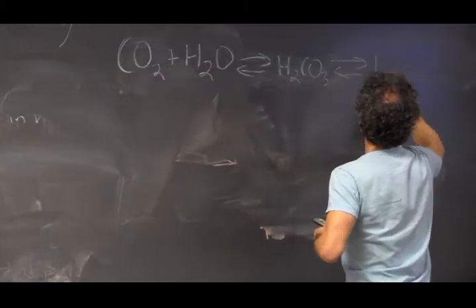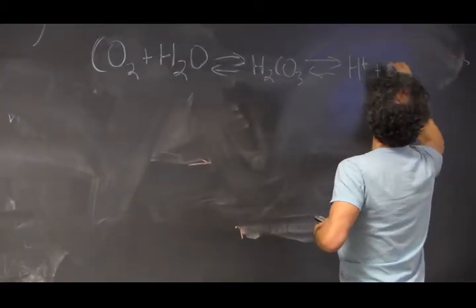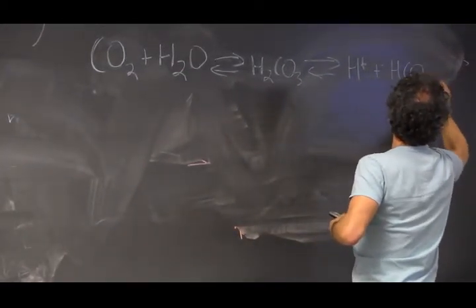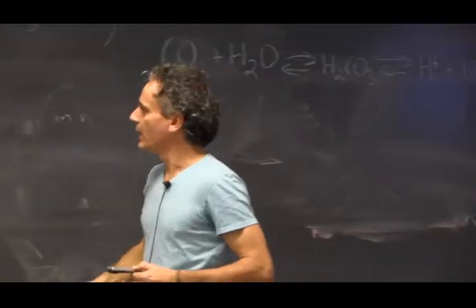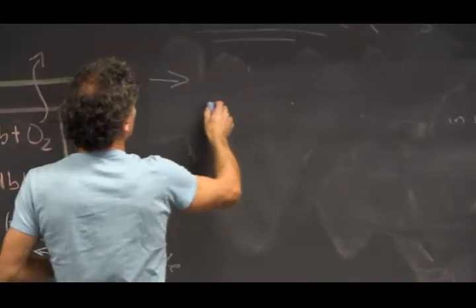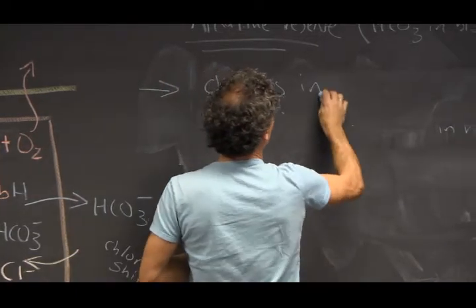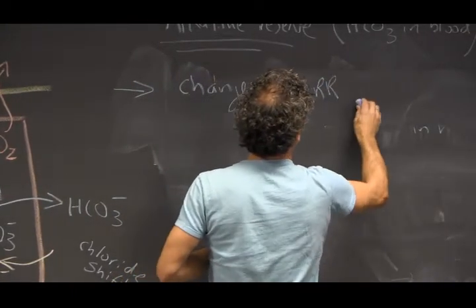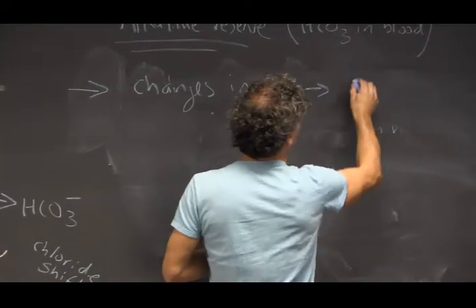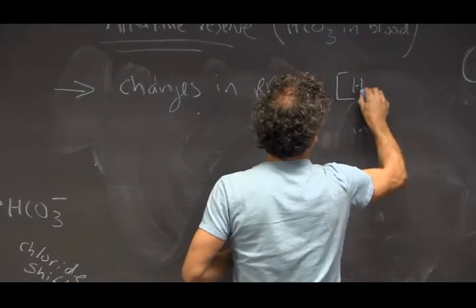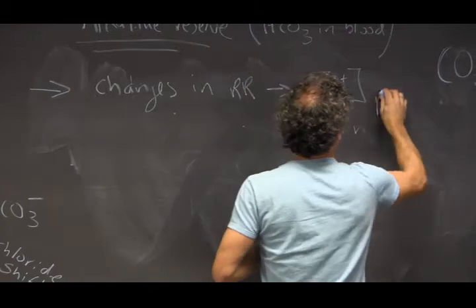So again, this reaction takes place in the red cell. And now again, we'll see how changes in respiratory rate can affect the hydrogen ion concentration in plasma.